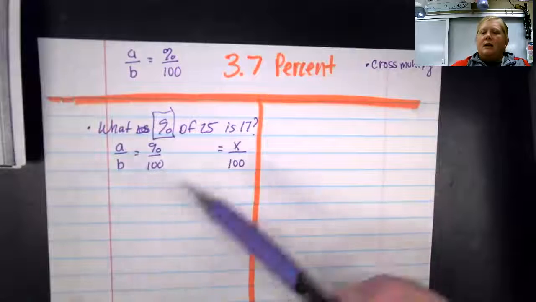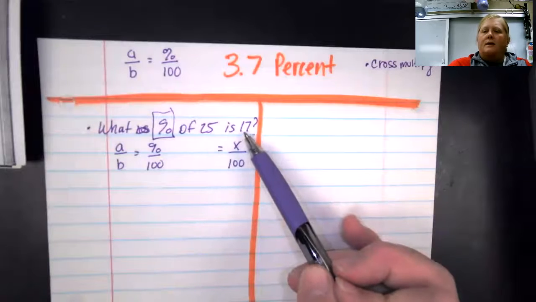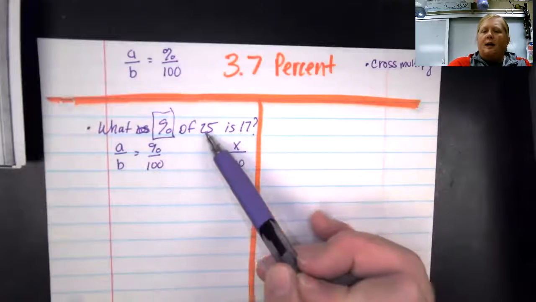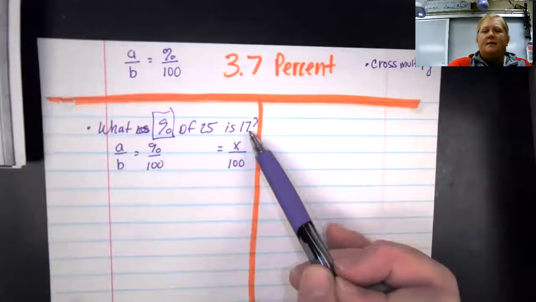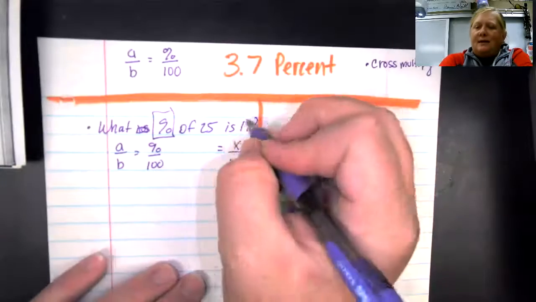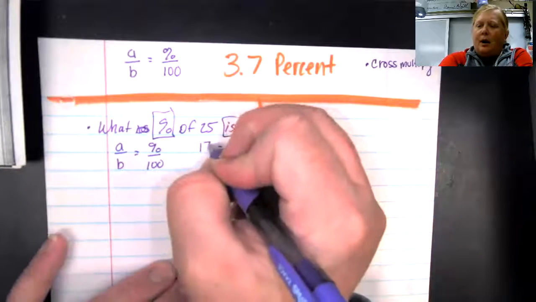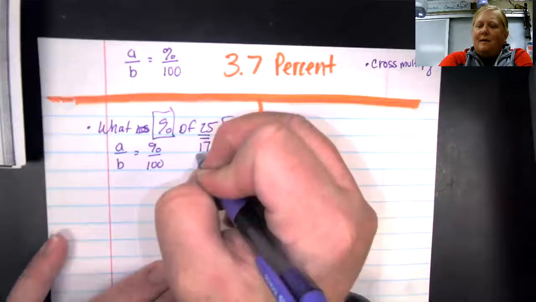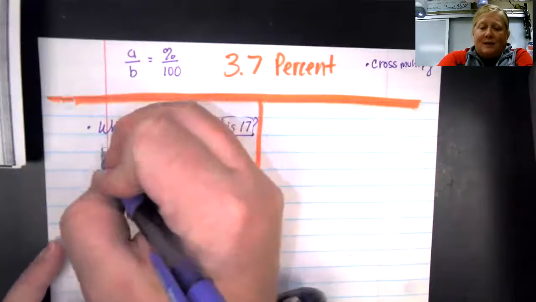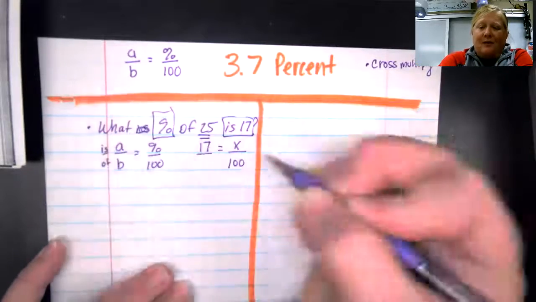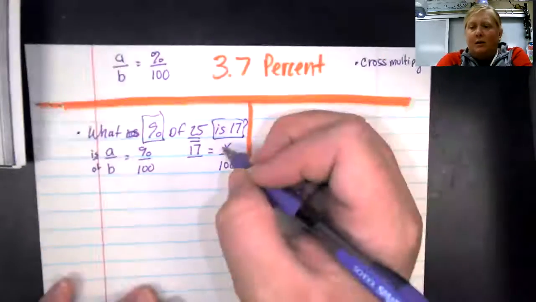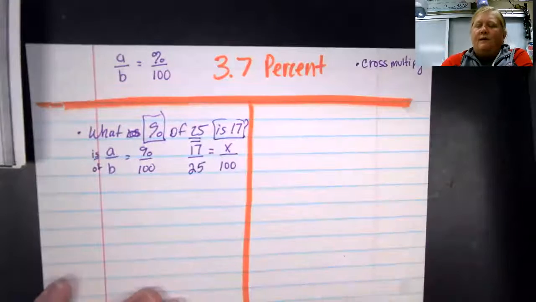So the question is, what's the part and what's the whole? The is 17 part is really your part, and the 25 is your of part. So it's really is over of, equals 25.